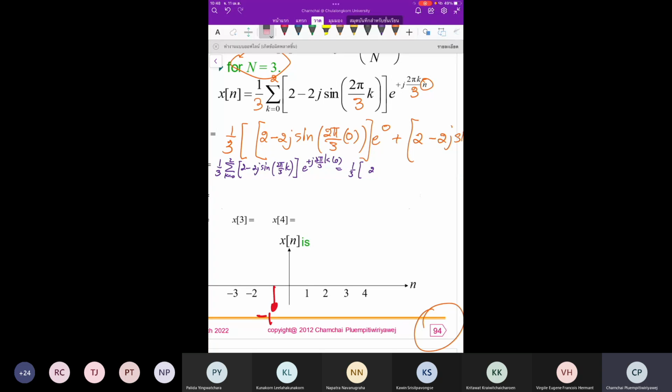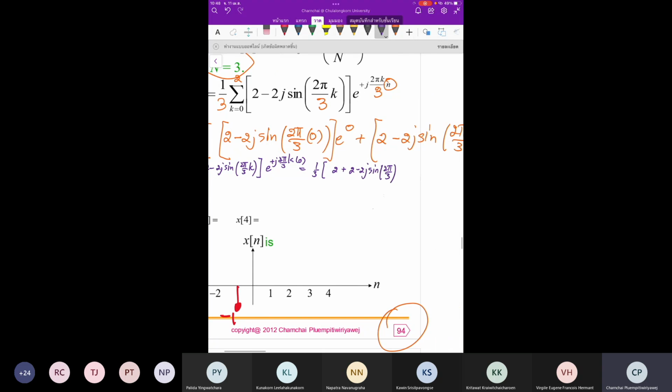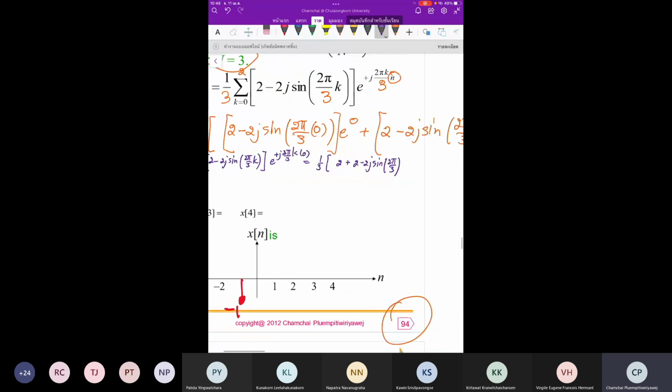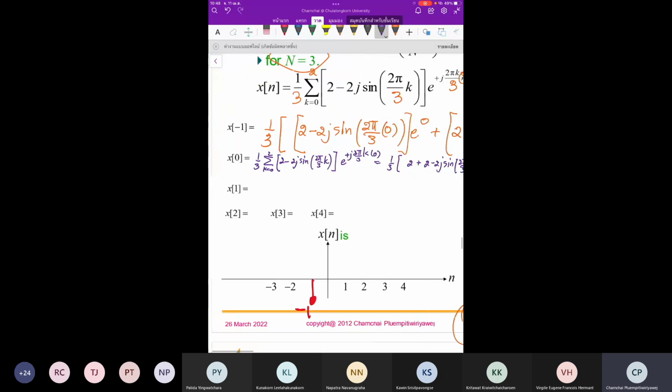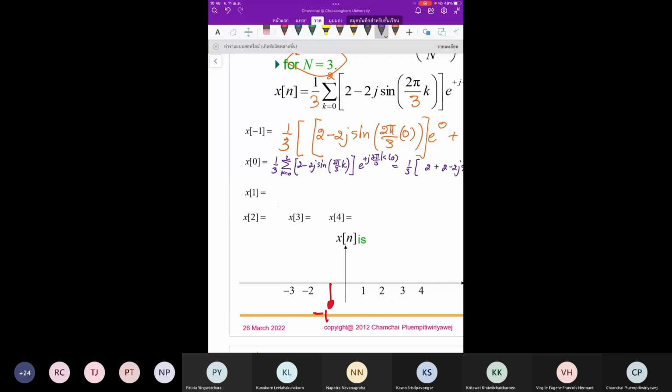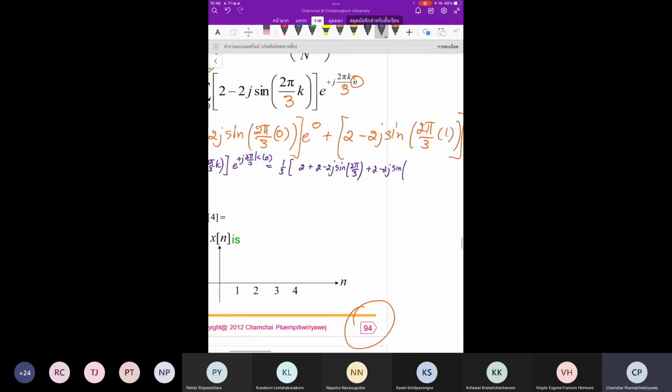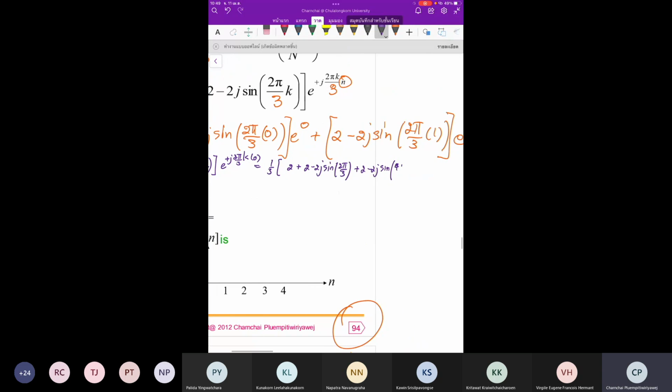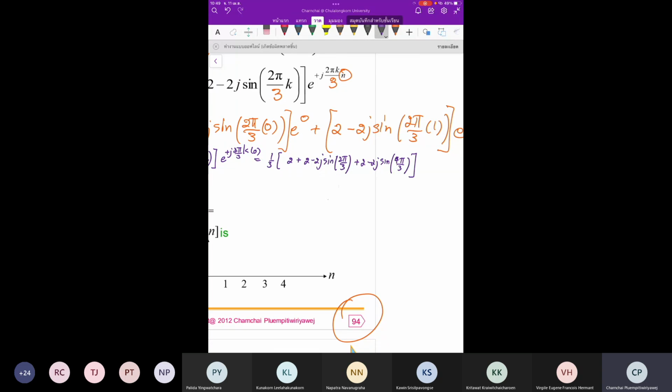And then plus 2 minus 2j sine of 2 pi over 3 for k equal to 1, and then plus 2 minus 2j sine of 4 pi over 3 when k is equal to 2. And how much is that?